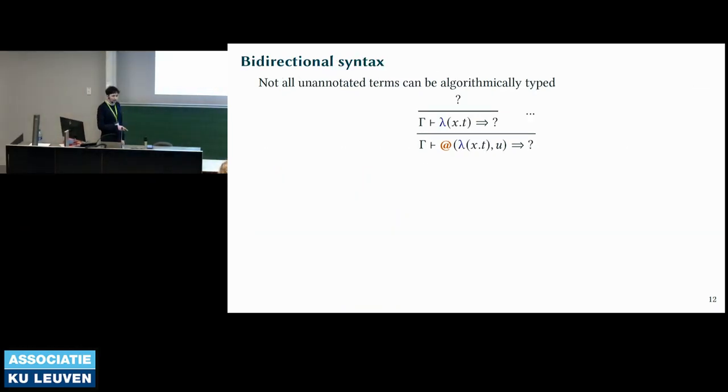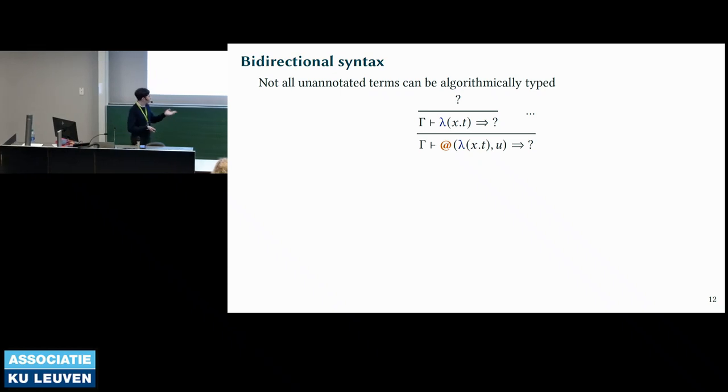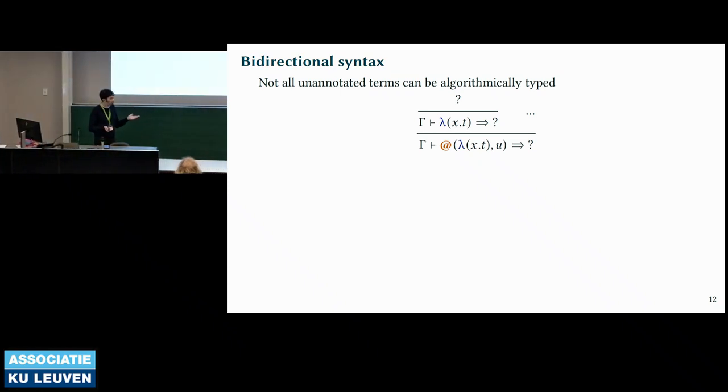Okay, so a second thing that we need to address is that not all terms without annotations can be algorithmically typed, and this is the main example to understand why. If you're trying to infer the type of a beta redex, I mentioned that for a destructor rule, you always infer the sort of the principal argument, so you're going to try to infer a lambda, but lambda is a constructor, it can only be typed in mode check, so you're now stuck.